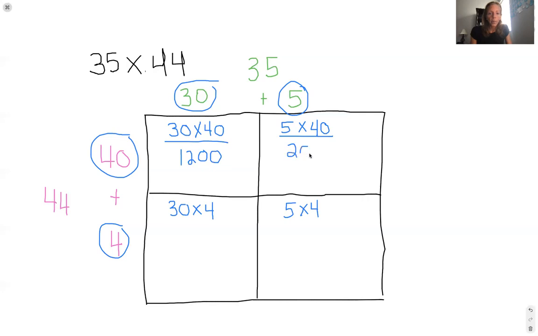I go up a place with my place value when it's 10 times more. And 5 times 4, hopefully you all know that rather quickly, is 20.